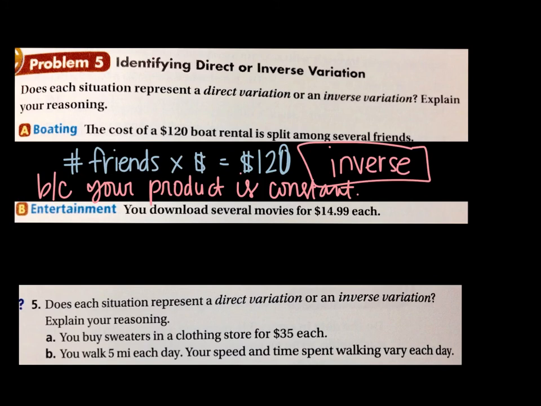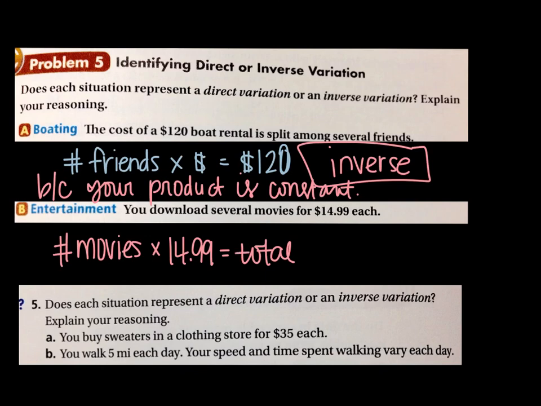All right, B, you download several movies for $14.99 each. Your total for your movies is going to change. When you multiply your number of movies, you're always going to multiply it by $14.99, but your total is always going to be different depending on how many movies you make. So that is not an inverse variation.